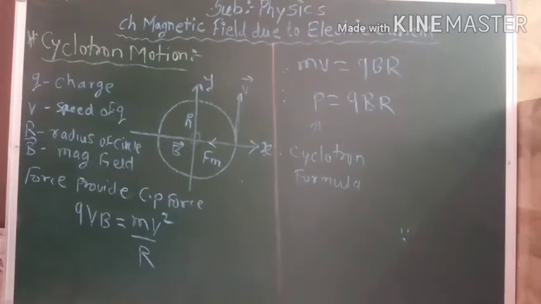Next point is cyclotron motion. In a magnetic field, a charged particle typically undergoes circular motion.